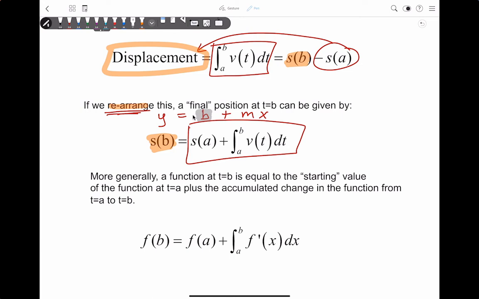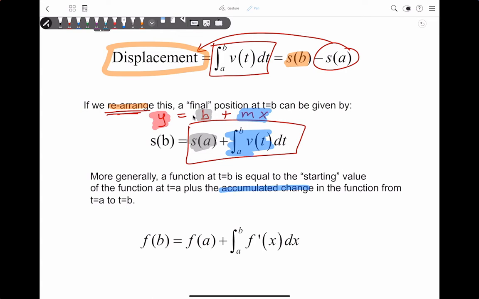And then it incurs some kind of change, and then its result is going to be a y position. Okay, and that's the same thing that is happening here. I'm going to start at a position. I'm going to incur some kind of change, okay? And this is called accumulated change.